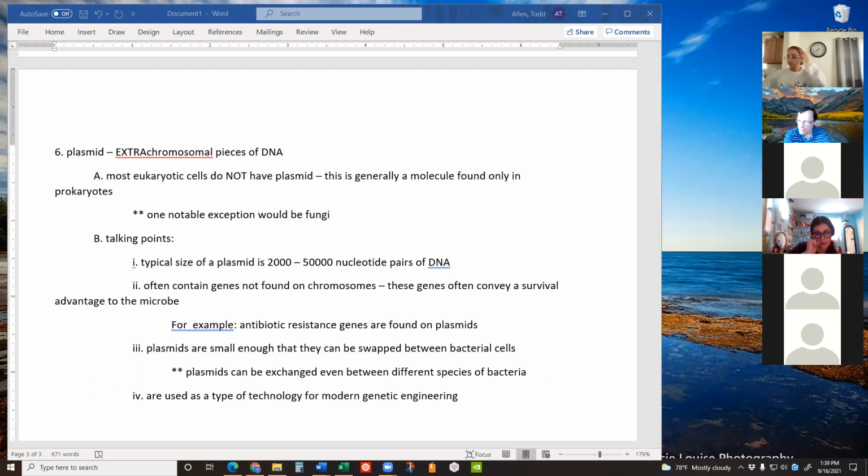Okay, folks, that insulin that person is taking in the United States of America, it was made inside a bacterial cell. And it was made by having a gene that tells the cell how to make the insulin protein present on a plasmid that was genetically engineered into the bacterial cell.